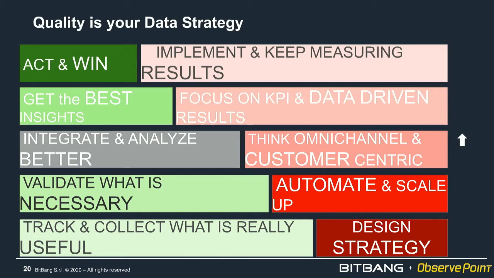This is in a kind of increasing value and commitment scale. So starting from a larger set of data with a strategy, we are going to act and win, starting again with another phase of measuring, because we are never finished measuring.